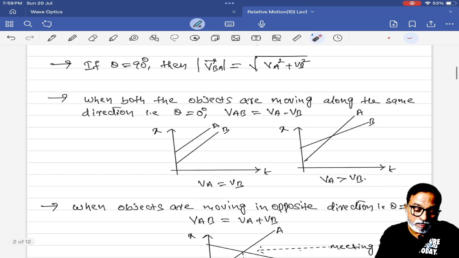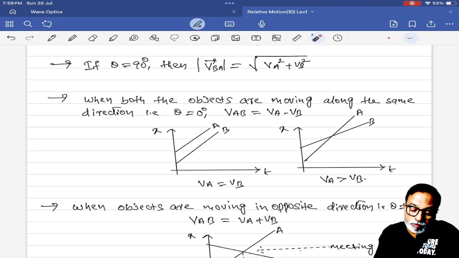This means when objects are moving in the same direction, velocity of A with respect to B is equal to VA minus VB. See here, the x-t graph of the two objects A and B. The slope of an x-t graph is velocity. Therefore, if both particles have the same slope, their velocities are equal.